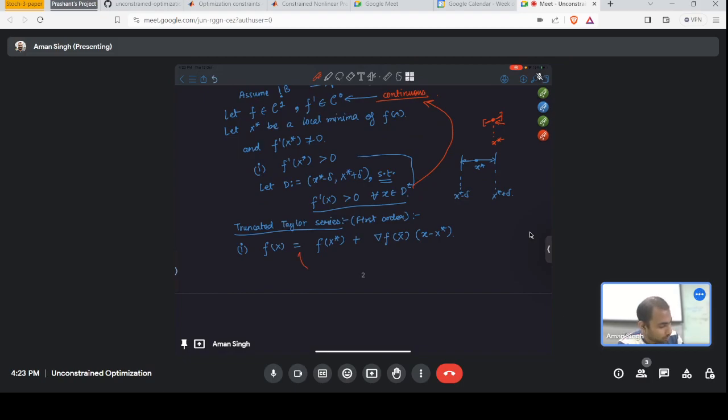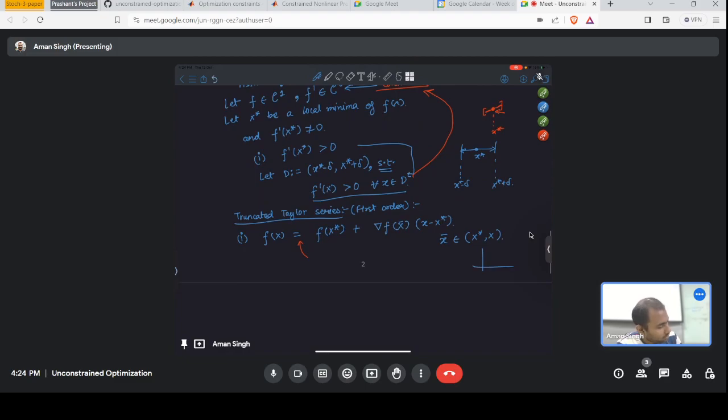This is exact representation, and where x bar belongs to x star comma x. So what does this mean? Let's say there is a function f. So it can be approximated linearly like this, around x star. This is not approximation. So this is an exact value.